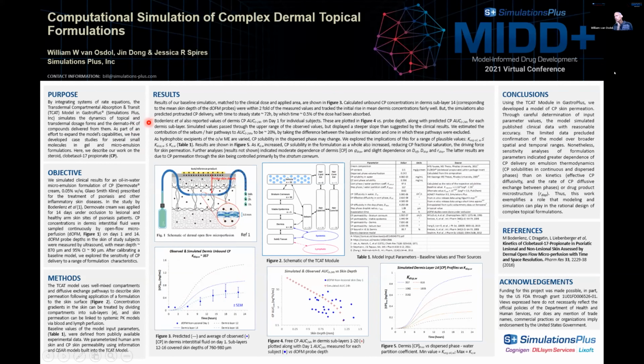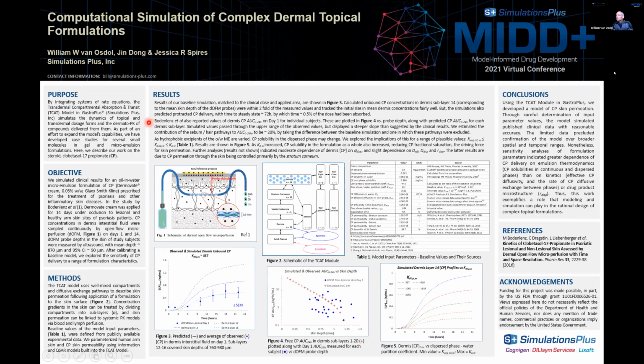Bodenlenz et al. also reported values of dermis clobetasol propionate AUC from 0 to 24 hours on day 1 for individual subjects. These values are plotted in figure 4 versus probe depth in the skin, along with predicted clobetasol propionate AUC 0 to 24 hours for each dermis sublayer.